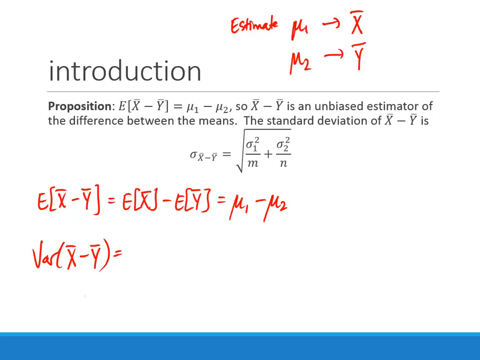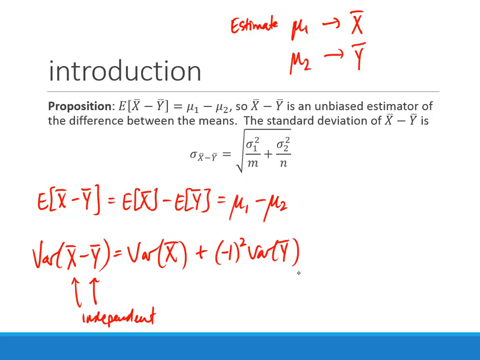So as random variables, these are independent. What that means is this is equal to the variance of x bar, plus a negative one that we can pull outside and square, times the variance of y bar. So we're just going to add up the variances here.